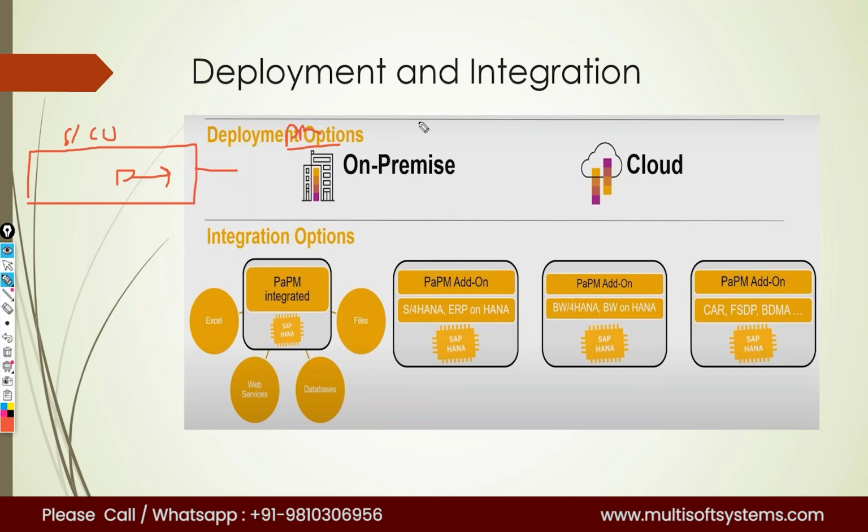Along with that, there are other options available in PAPM also. But what is the difference? When you run any report or program in S4, in the backend it runs an ABAP program. What does that ABAP program do? It has select queries and internal tables.